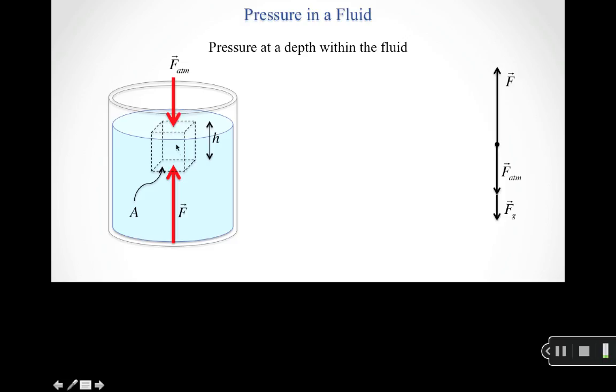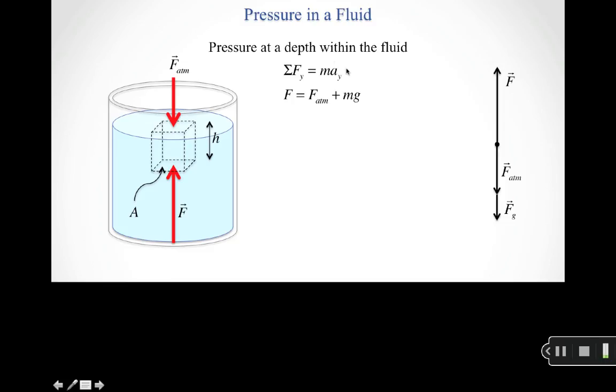And so we can think about these three forces: the two of them that are due to these pressures on the top and bottom surfaces, and then the weight of the fluid sitting inside this box. And for a fluid that's not flowing, we end up having a static equilibrium problem.